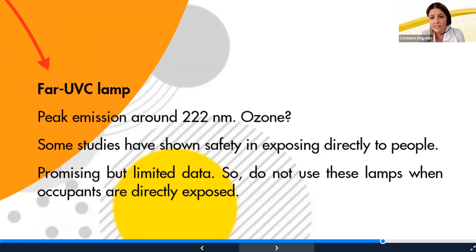One thing about this is that a lot of scientists have been researching this lamp, and it seems that it can be safe for people to attend that facility while you have UVC running. You turn it on, but we do not have enough data so far.